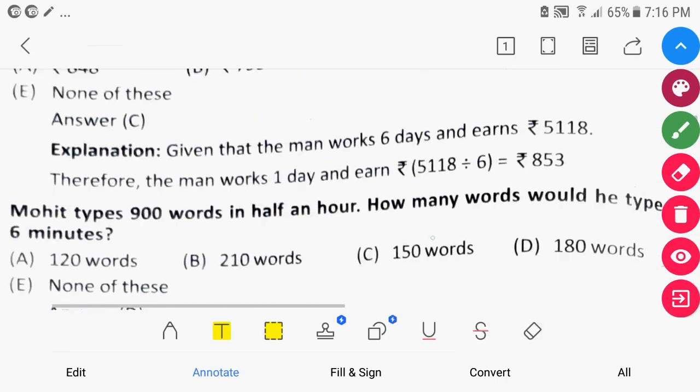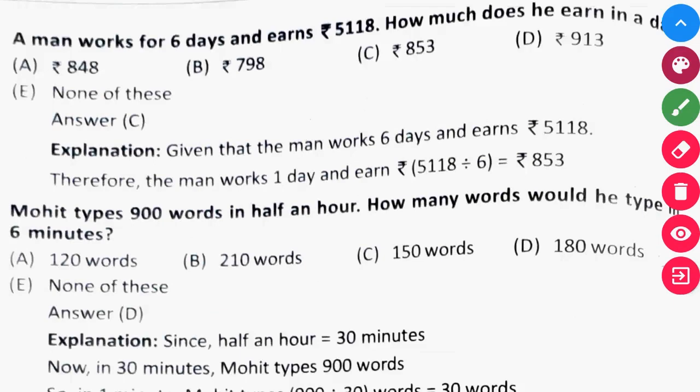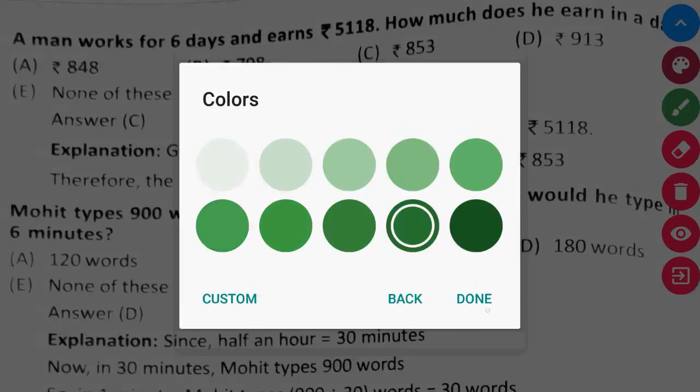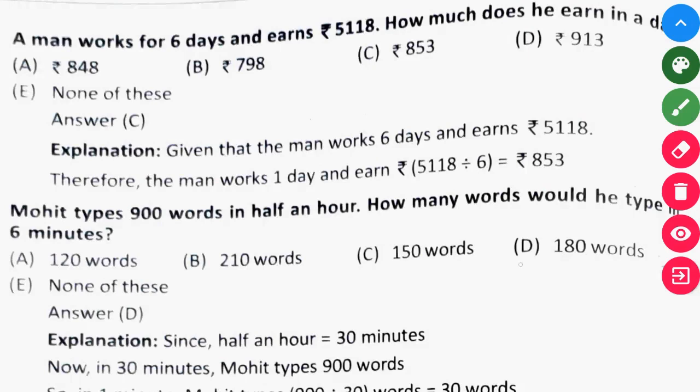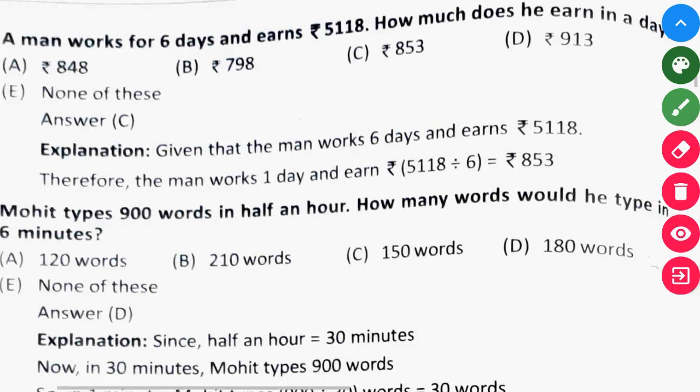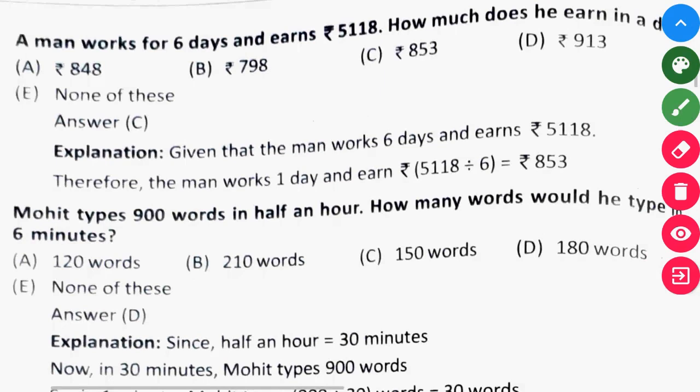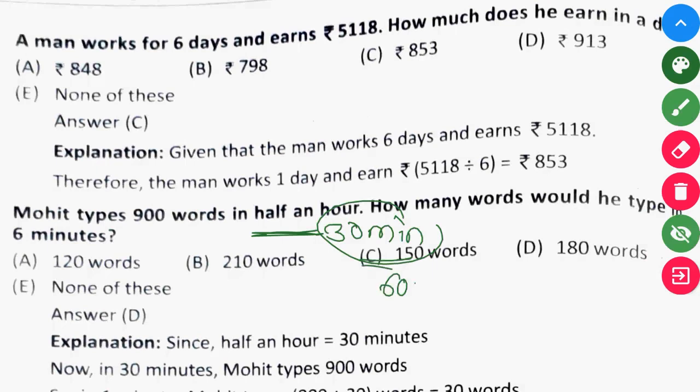Now the next example is, Mohit types 900 words in half an hour, and how many words would he type in 6 minutes? So you know how many minutes are there in half an hour. Half an hour contains 30 minutes, because 1 hour contains 60 minutes.